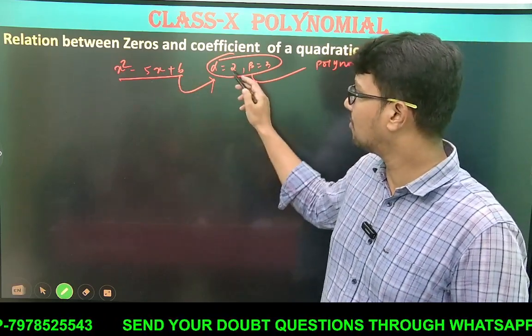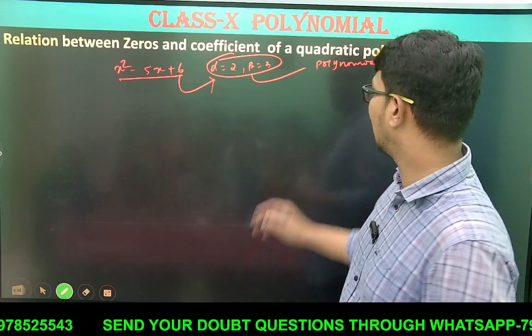Do you want to see how it will come if alpha and beta are given? So now look here.